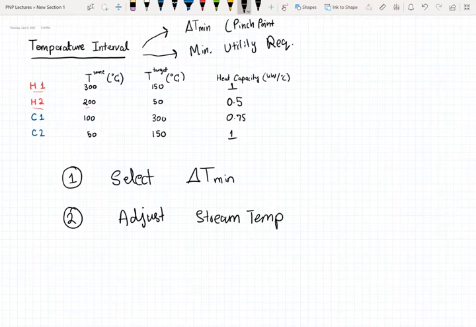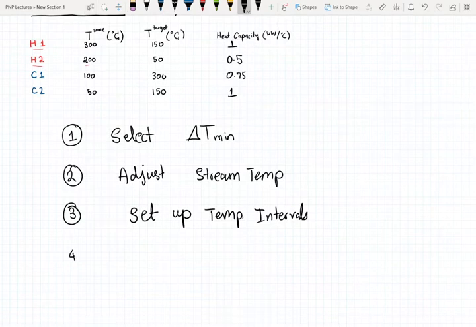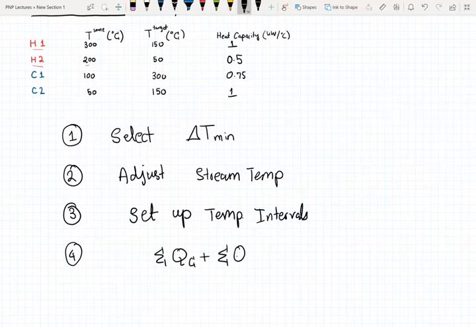After you've adjusted the stream temperatures, you have to set up your temperature intervals. Then, in each temperature interval, you'll find the total energy gained by the cold stream plus the total energy lost by the hot stream for each interval.